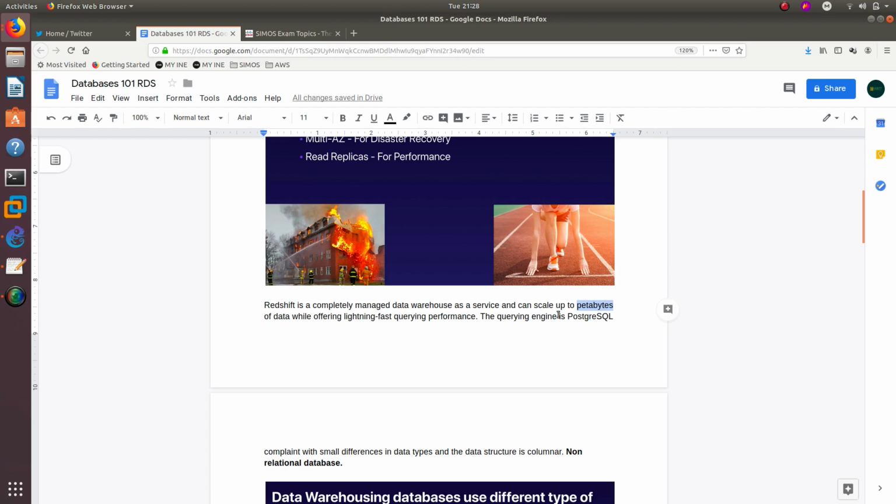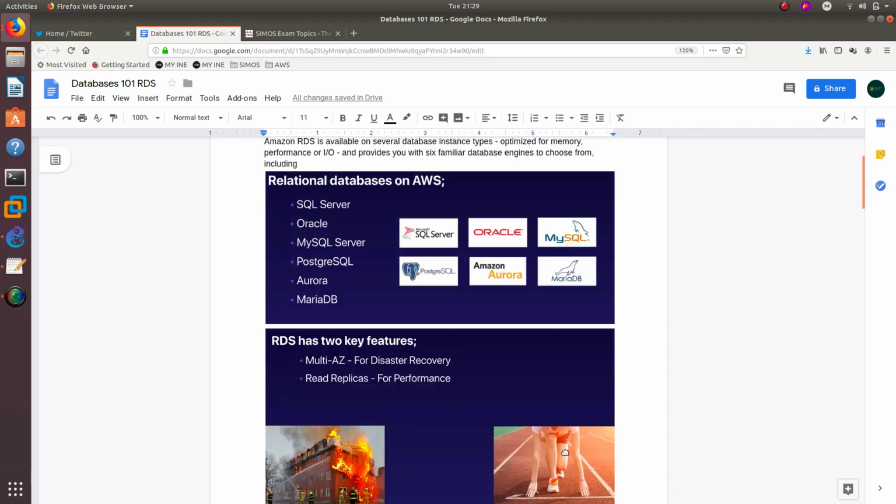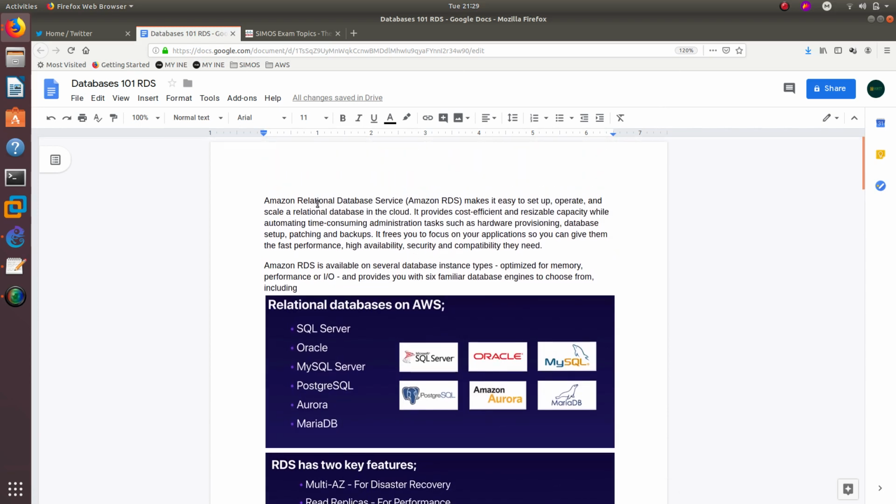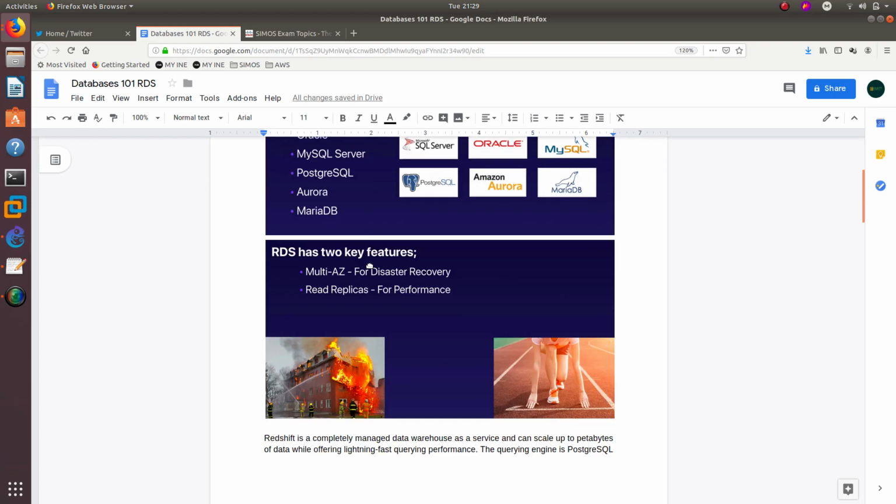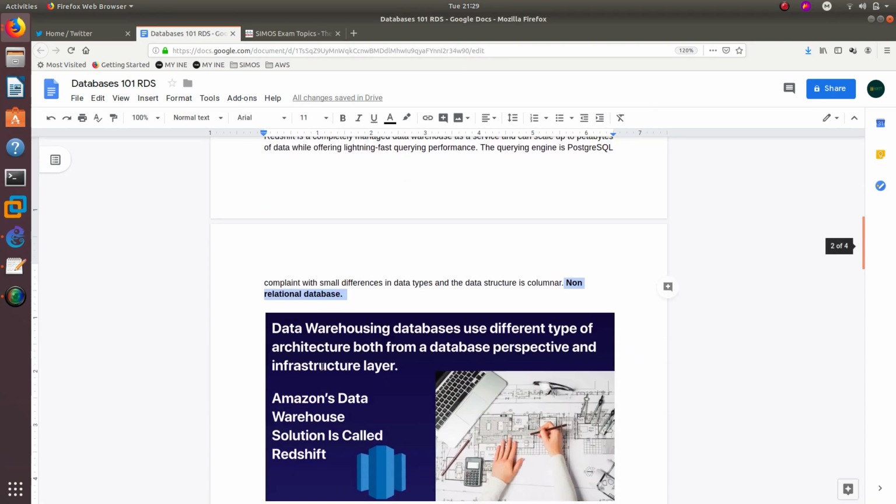The querying engine is PostgreSQL compliant with small differences in data types, and data structure is columnar. So Redshift is a non-relational database, and RDS is a relational database service. Okay, that's the two big differences between Redshift and RDS.